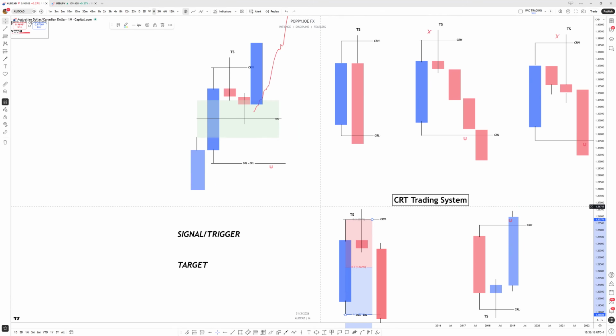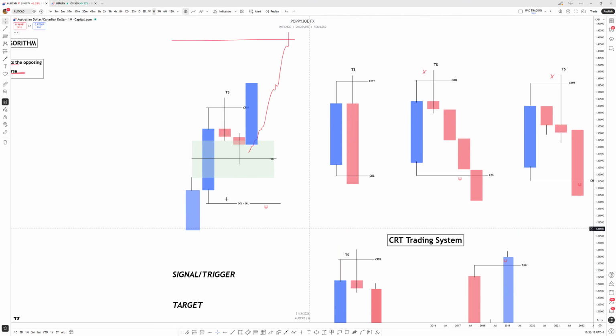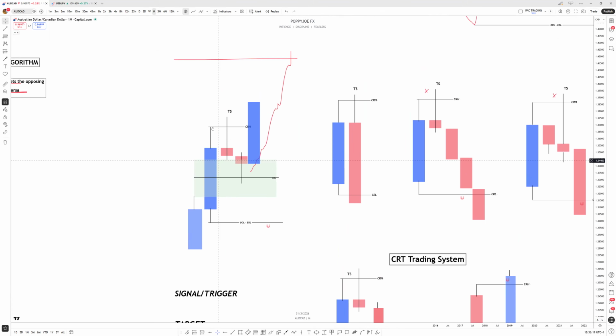But I only use that, or I expect that, in only this scenario here, whereby the market has formed, you can see now there's internal range liquidity here, what we call the fair value gap. So that fair value gap is called internal range liquidity. And if the market trades to internal range liquidity and did not close below it, like in this case, normally what we always expect is that the market will continue buying to go to the previous high again.